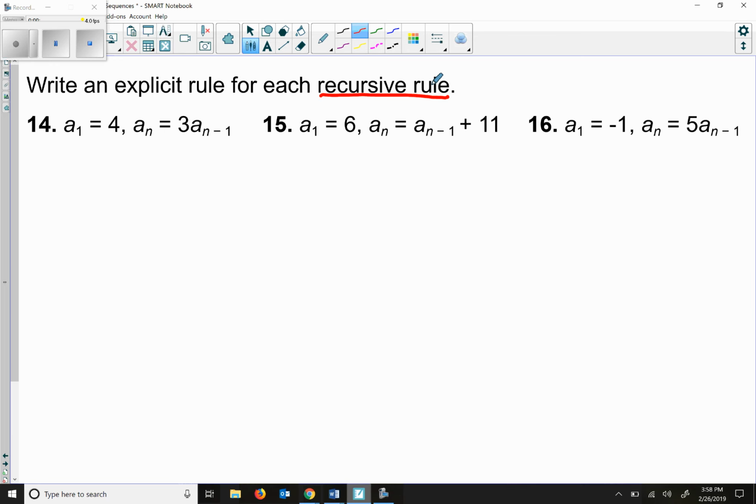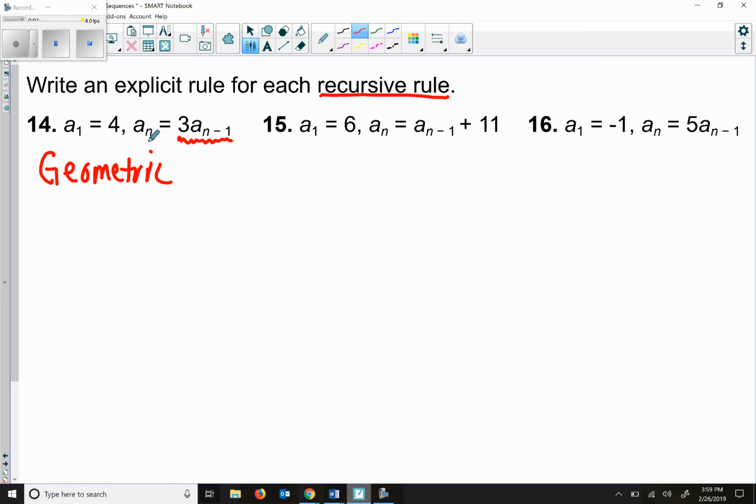Number 14, first thing we kind of have to look at is the rule, and we've got to look right here at this 3 times a sub n minus 1. So that right there, once you look at it, you start to realize, okay, this is geometric because we are multiplying.